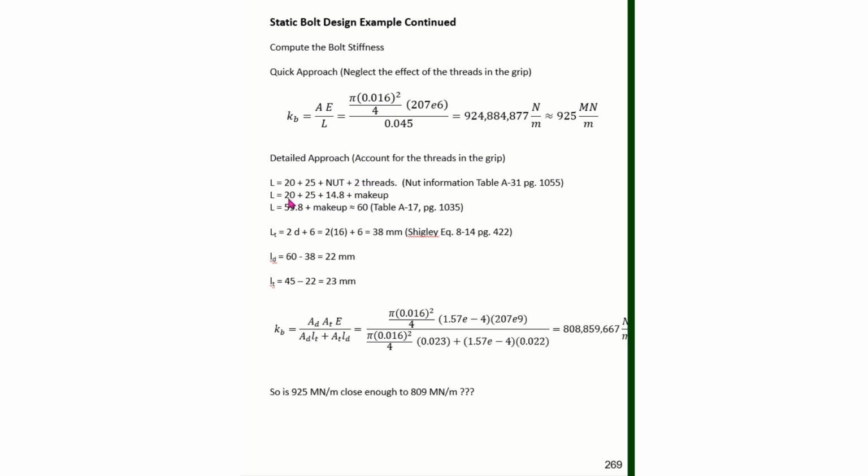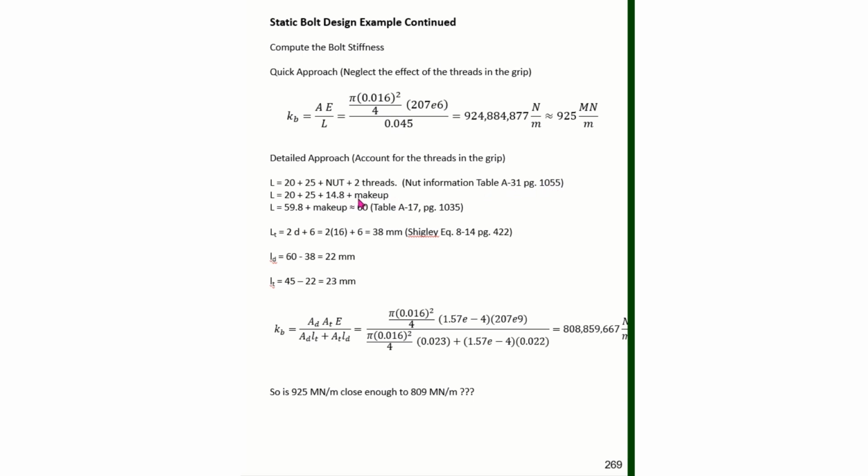So we're going to have 20 plus 25 plus 14.8. Now this 14.8 comes from table A31 in your appendix, on page 1074 or so.